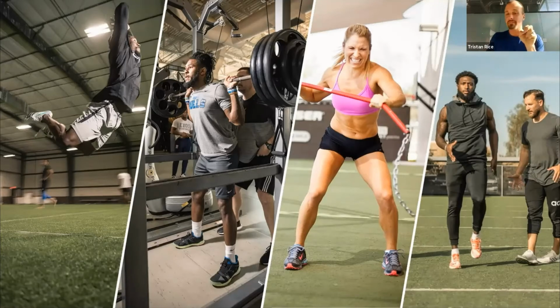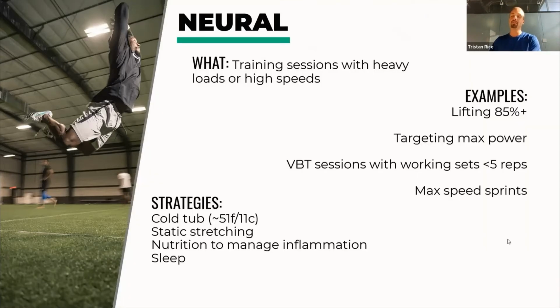And the fundamental premise here is that these 4 sessions are not the same. The way that these 4 sessions affect the human system, the way that these 4 examples of external load get internalized is significantly different. For example, if we think about a neural type demand, we understand that these are training sessions with heavy loads or high speeds.